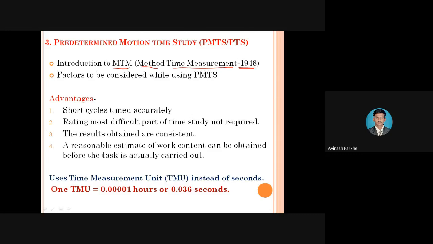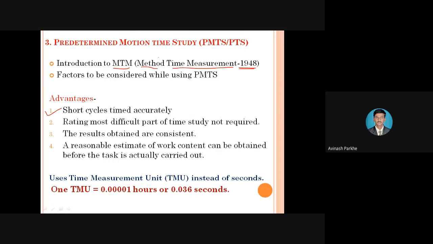This method has 4 major advantages. The first one is that short cycles are timed accurately. Short cycles are those that can be completed within 10 minutes, 15 minutes, 45 minutes, up to a maximum of 1 hour. For such short cycles, this PMTS method is mostly used in the industry.